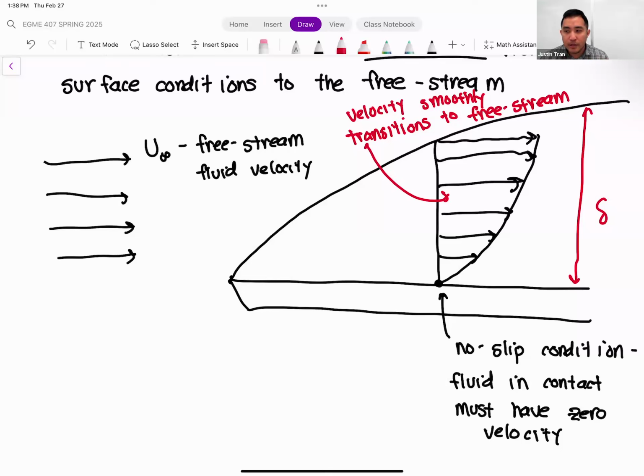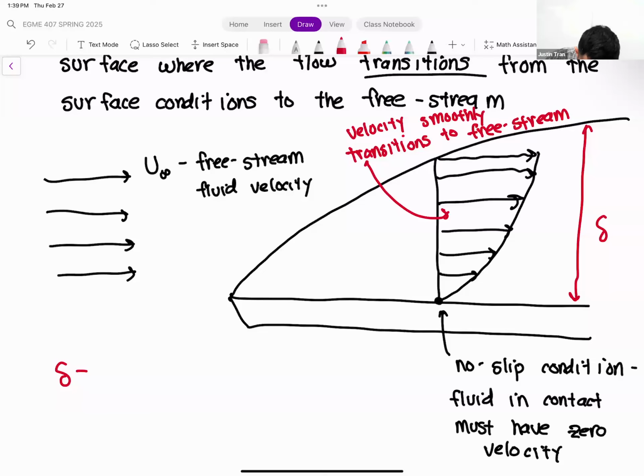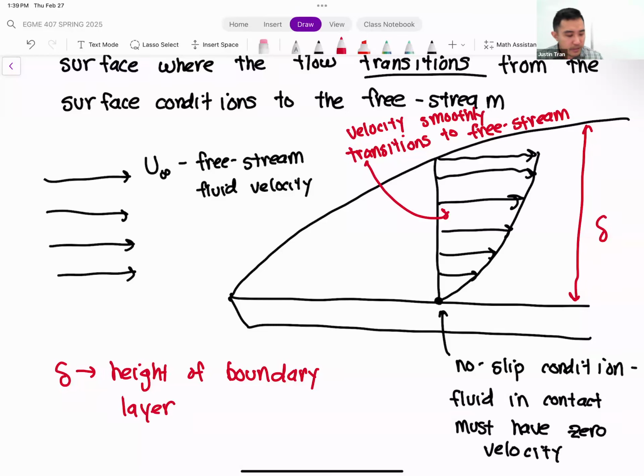Otherwise, it breaks everything that we understand about fluid mechanics. Actually, let me define delta. Delta is the height of the boundary layer. That's going to be significant later.